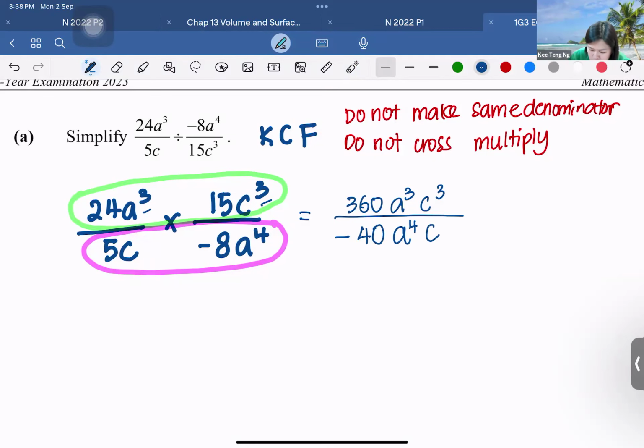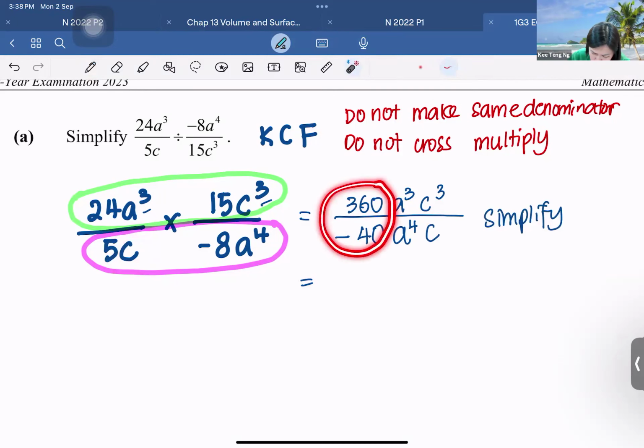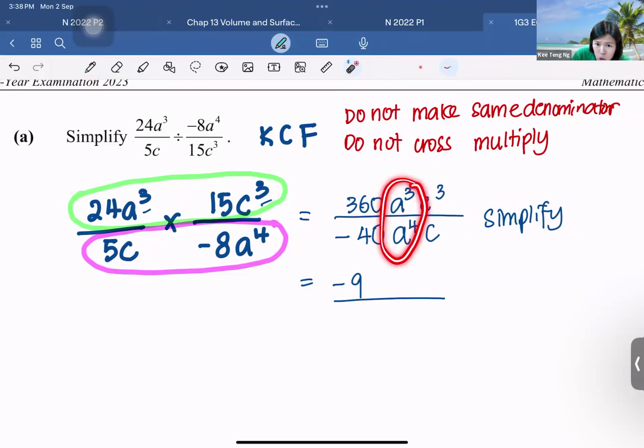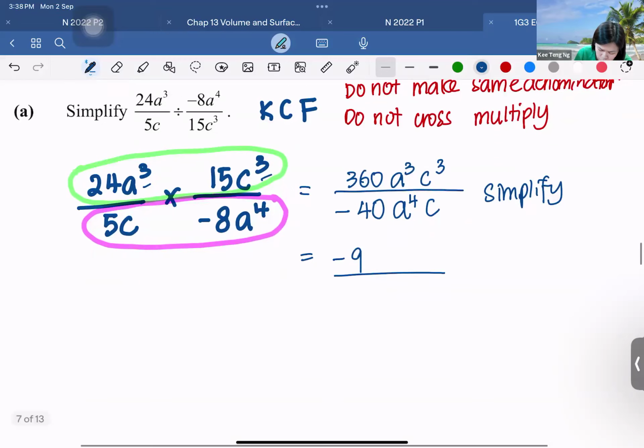Okay. Next, this is not the final answer. Simplify it. Numbers with numbers. 360 over negative 40. That gives me negative 9. Okay. And then I check. Now I have the next part over here. A cubed over A to power 4.